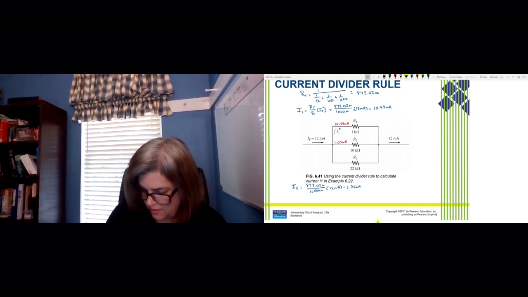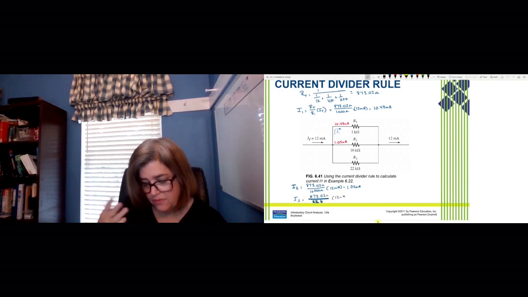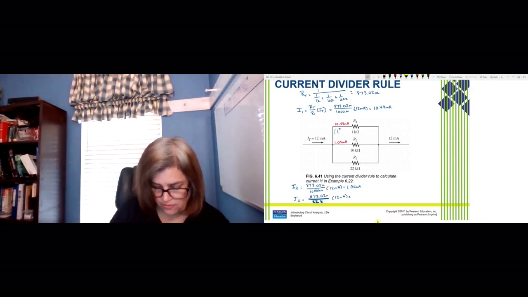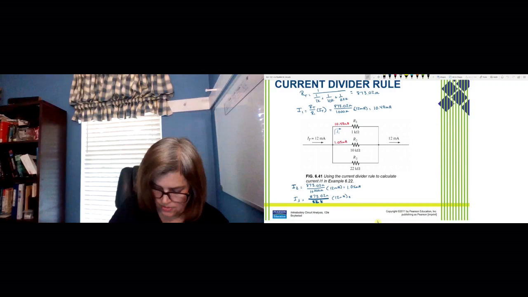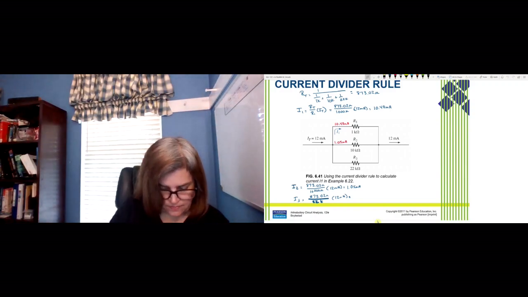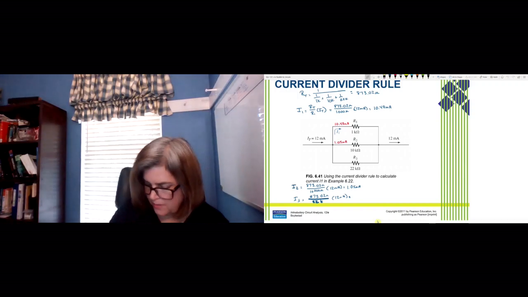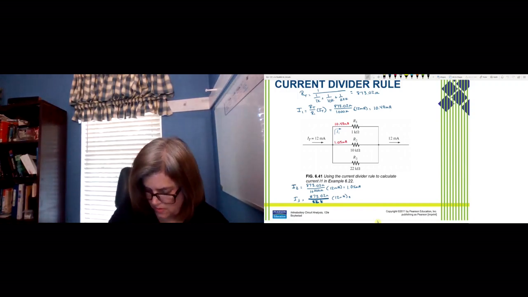And then for I3, we have the same RT, this time over 22K, which should be whatever's left over when we take out the 10.5 and the 1.05 from the 12 milliamps, but we're going to go ahead and calculate that. And I get about 0.48 milliamps there.